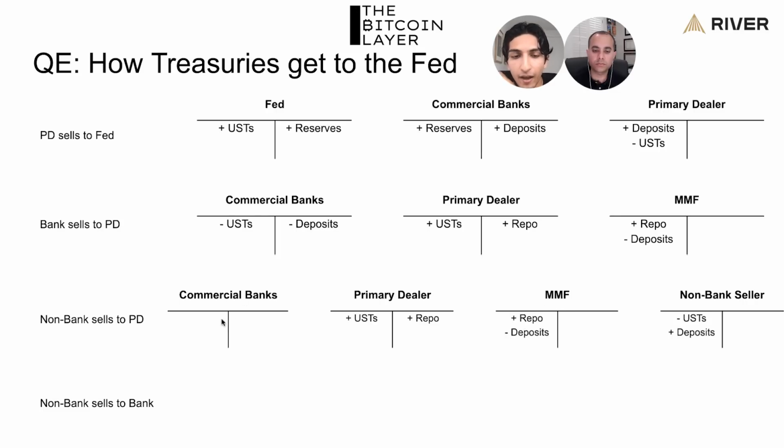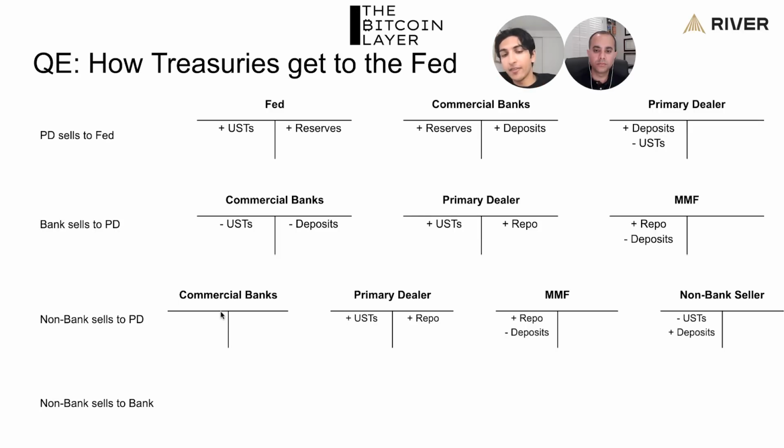And the reason I've included commercial banks here is because I'm assuming that the money market fund and the non-bank seller bank at the same commercial bank. If that wasn't the case, and the money market fund and the non-bank had different banks, then on the back end there would have to be that same transfer of reserves, because one player is increasing their deposits and another player is giving up their deposits.